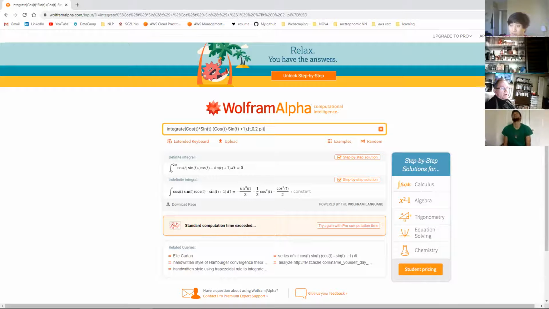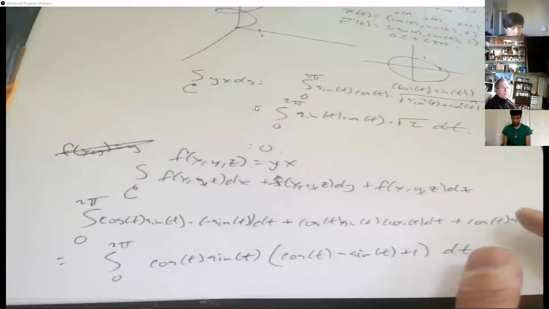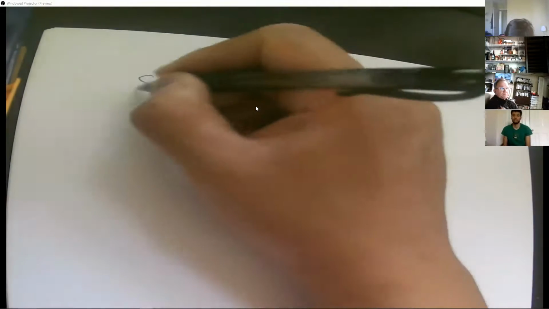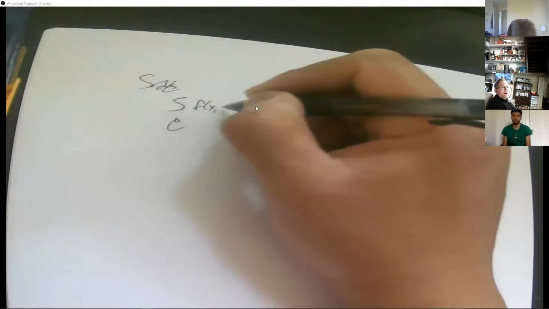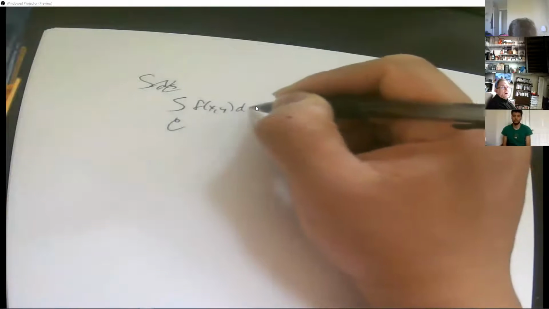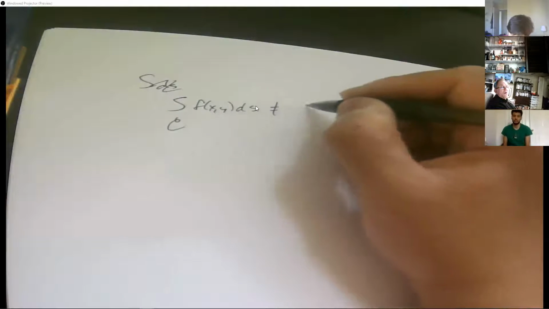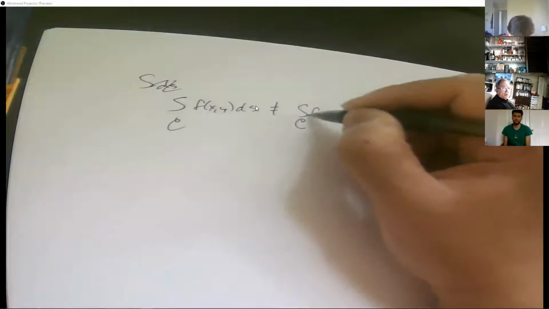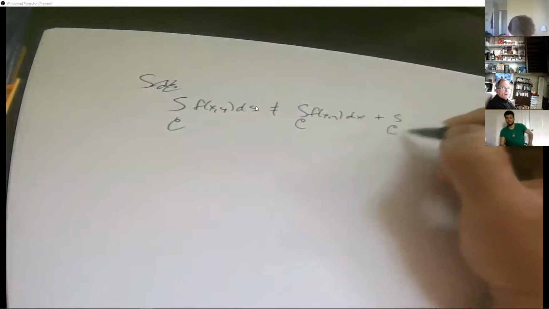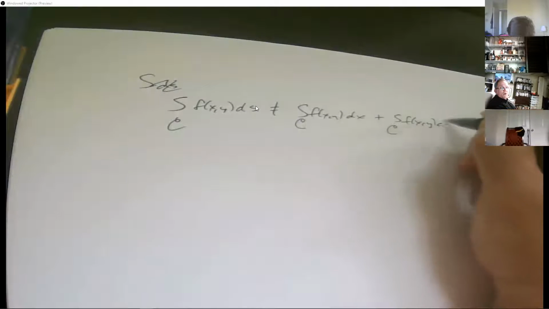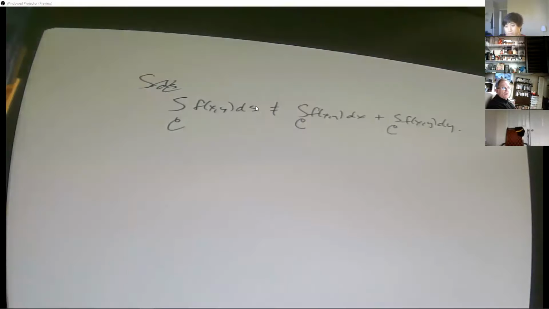So what I was saying was, back to this discussion, the integral ds is not always equal to the integral. Okay? They are not the same number all the time.